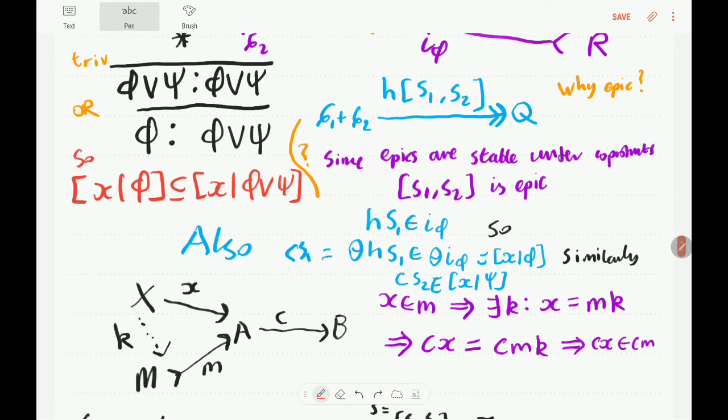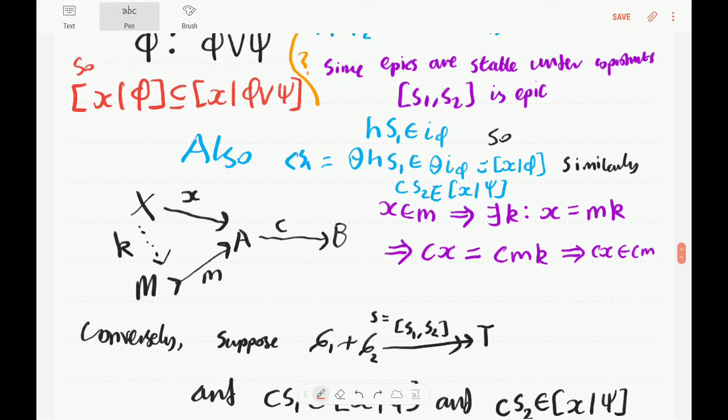And similarly, we get C S2 is in the extension of psi. And that's what, these are the results that we wanted, right?